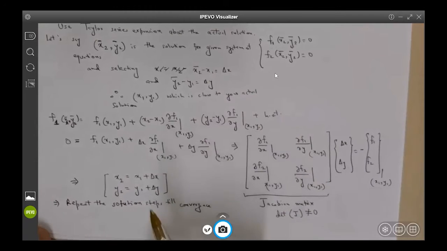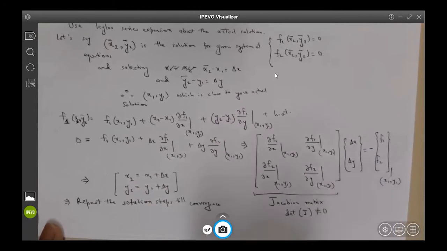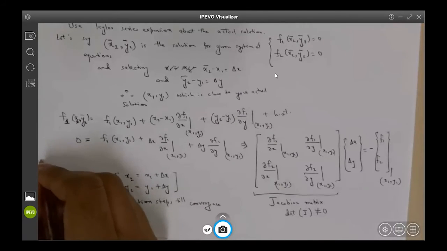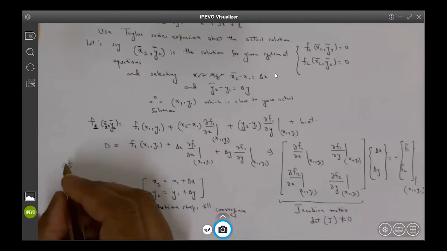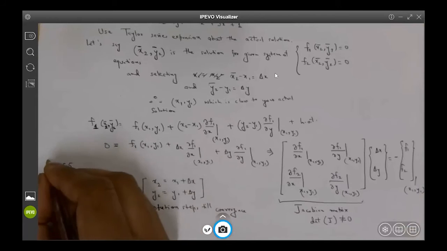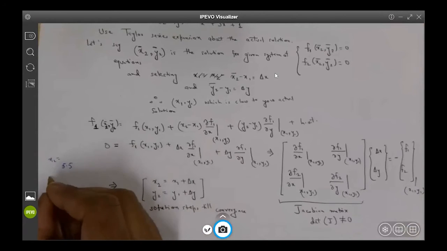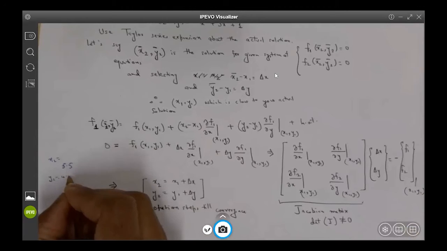So just for an example, say x2 is 5.5, just for the sake of understanding. The actual solution is 5.5 and y2 is 4.0.